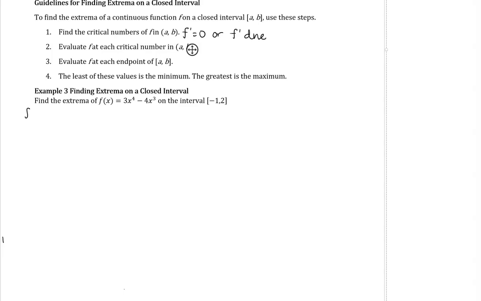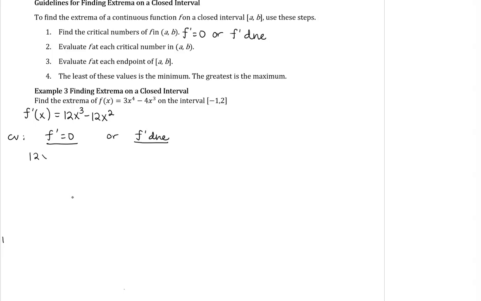So I'm going to begin by taking f prime of x. Using the power rule, I get 12x cubed minus 12x squared. Now I'm going to look for critical values by finding either where the derivative is equal to 0 or where the derivative does not exist. I will take this derivative and set it equal to 0.